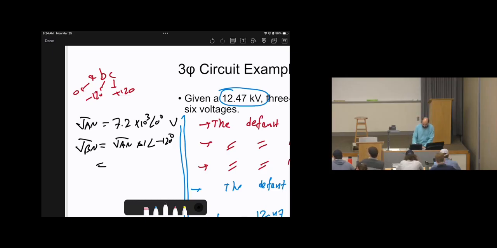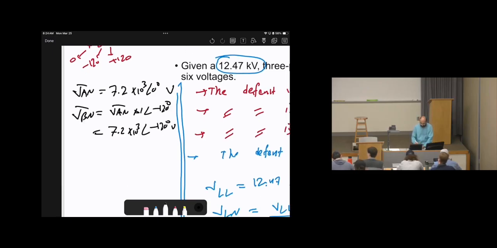So it will be the same magnitude, 7.2 times 10 to the power 3, angle 0 minus 120, which is negative 120 degrees volts. How about VCN? VCN will be VAN times 1 angle positive 120 degrees, which is 7.2 times 10 to the power 3 angle positive 120 degrees volts.